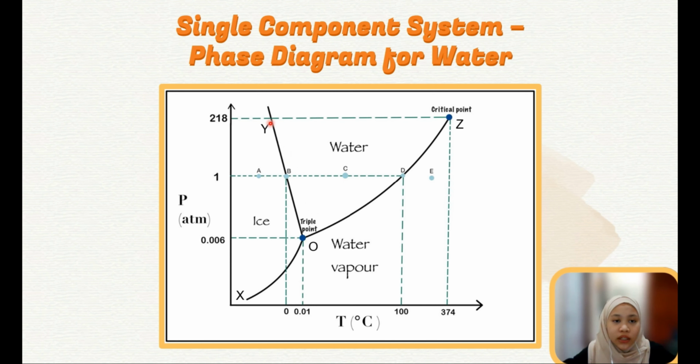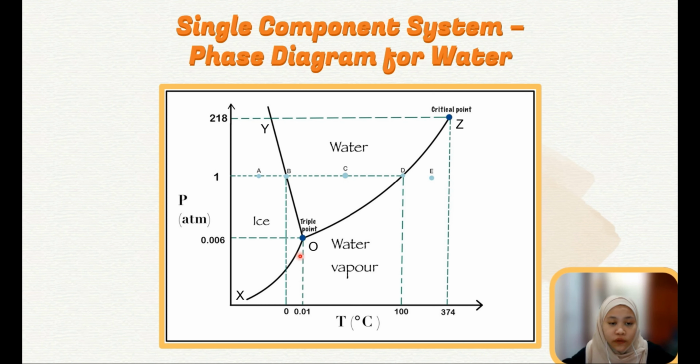Along the curve, the 2 phases of solid ice and water coexist in equilibrium. At point B, the pressure is 1 atm and the corresponding temperature is 0 degrees Celsius. From this curve, we can see that the melting point of ice decreases when the pressure increases.